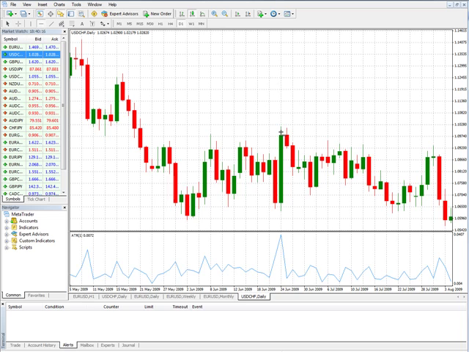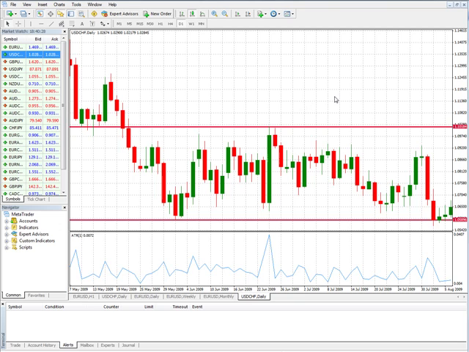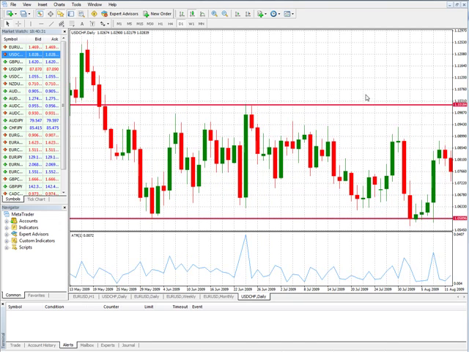Okay, and let's look at our resistance being up there, our support being down here, and let's go by here one at a time again. We bounce off. We're moving up nicely. Now, you'll notice this may be a more major level here.